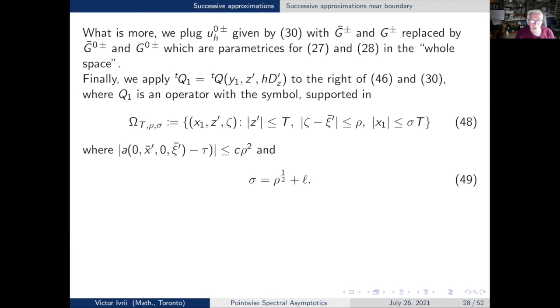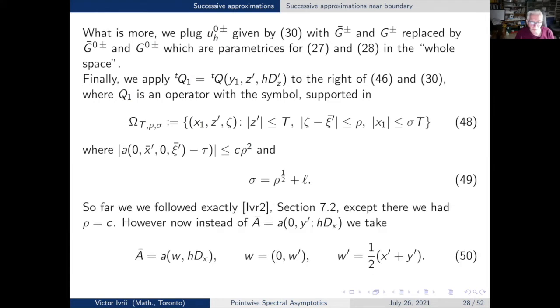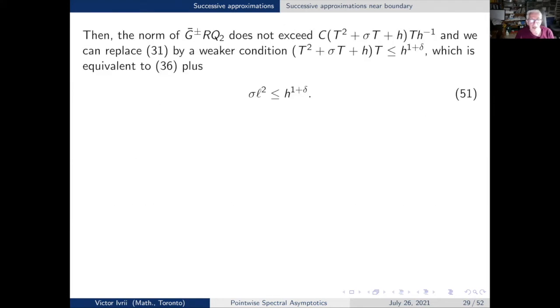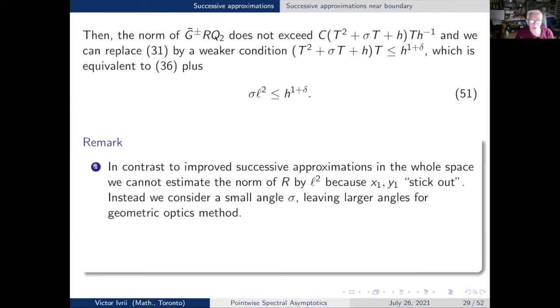And finally, we make the cutoff, justifying and just explaining what it is. The only difference is that because I cannot take the midpoint with respect to x1, where x0 is a boundary, I put here sigma.